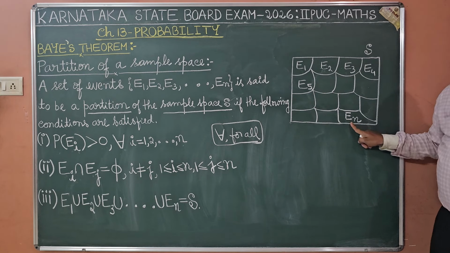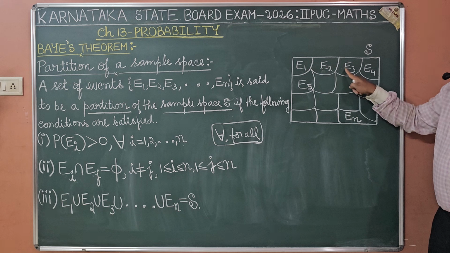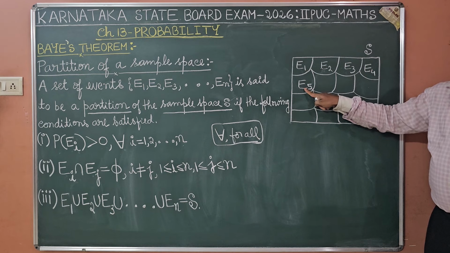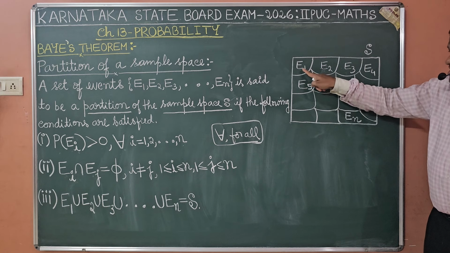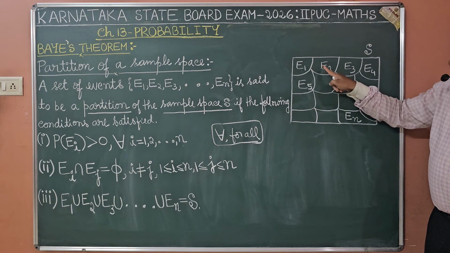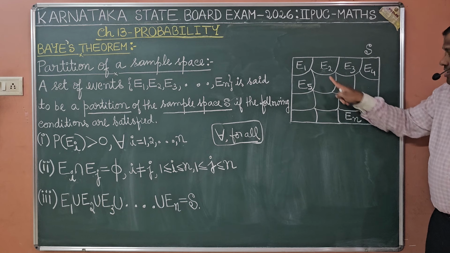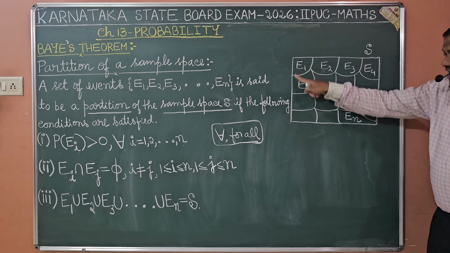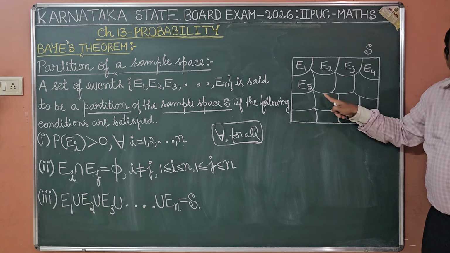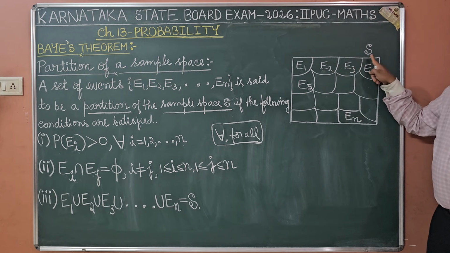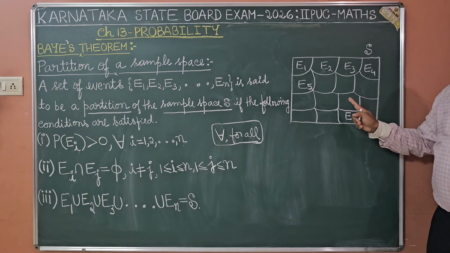Assume this is the nth event, En. The probability of occurrence of each event should be greater than 0, the first condition. The second condition: any two distinct events you take do not have any element in common. The third condition: you take the union of all the events, it would be the sample space.